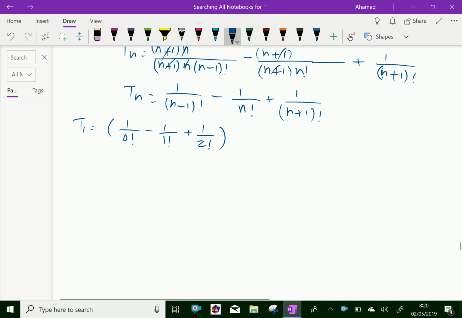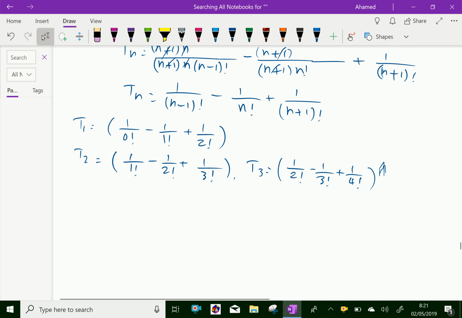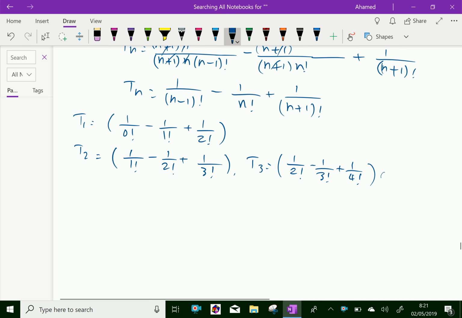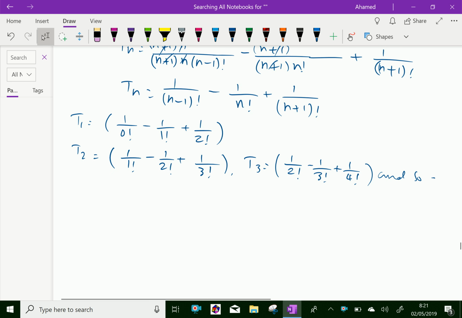Next t2, put n equal to 2, gives 1 over 1 factorial minus 1 over 2 factorial plus 1 over 3 factorial. Like t3 is 1 over 2 factorial minus 1 over 3 factorial plus 1 over 4 factorial, and so on. The terms go on.